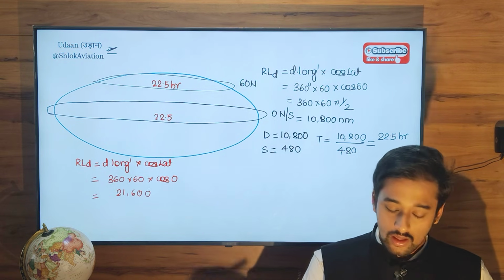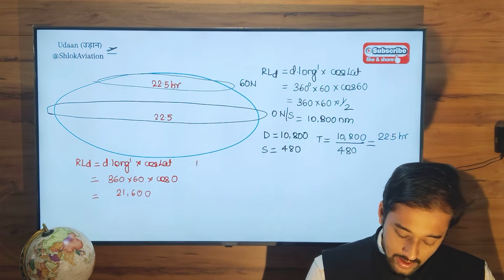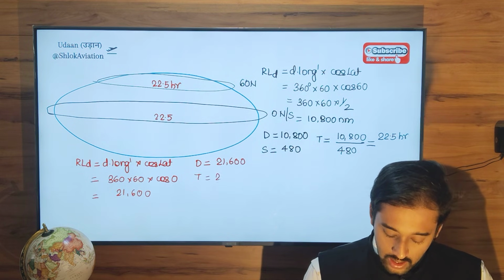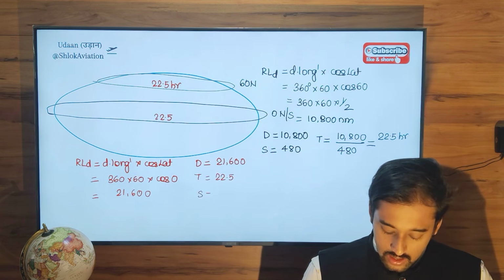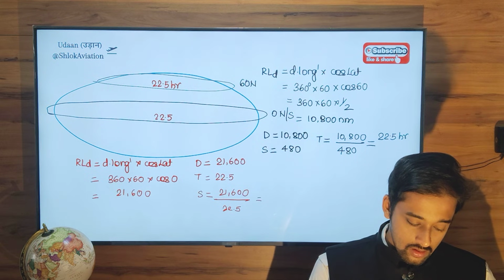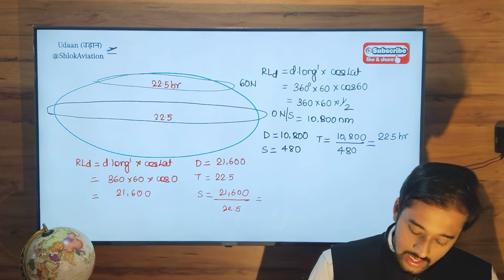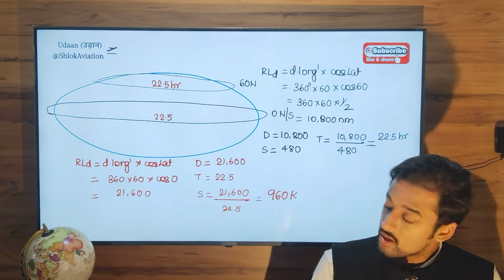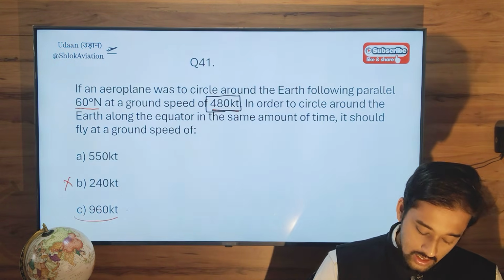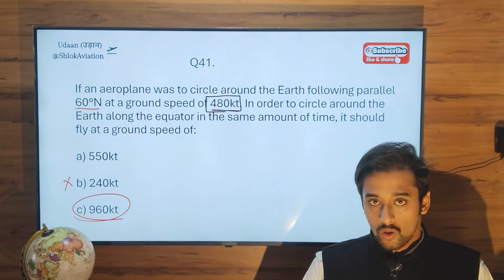Cos 0 is 1. So the distance you have at the equator is 21,600. Time you have is 22.5. Speed will be 21,600 divided by 22.5. So 960 knots. The correct option will be option Charlie, 960.